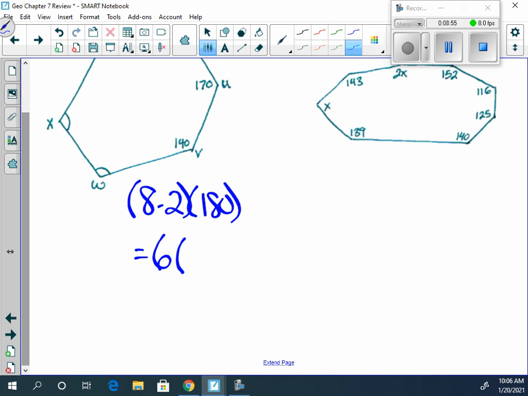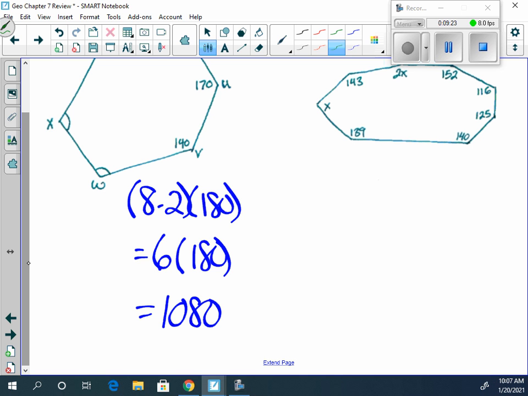Well, 8 minus 2 is 6, and 6 times 180 is going to be 1080. So the sum of all these angles is 1,080 degrees, because that's really where we need to start. We need to figure out the sum of all these angles.